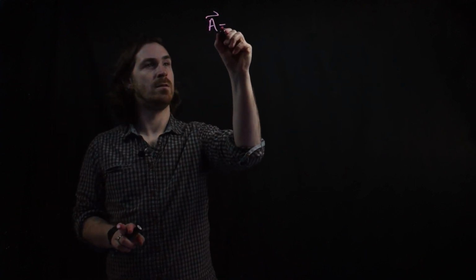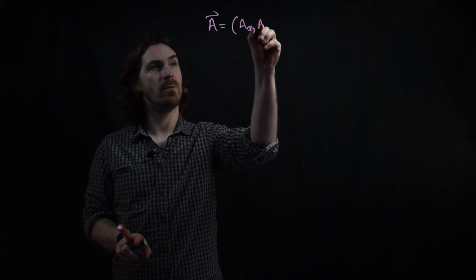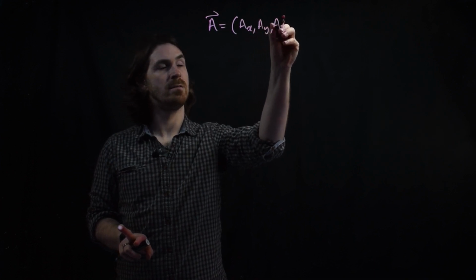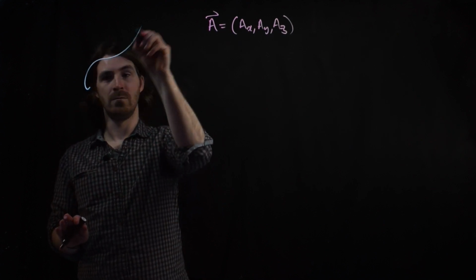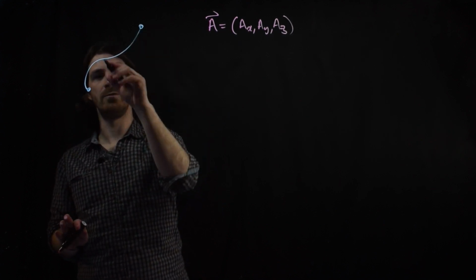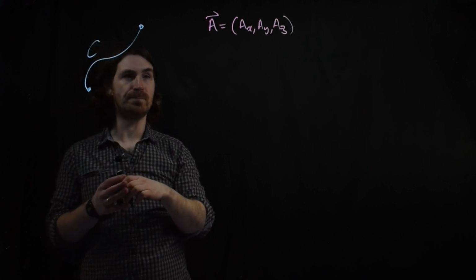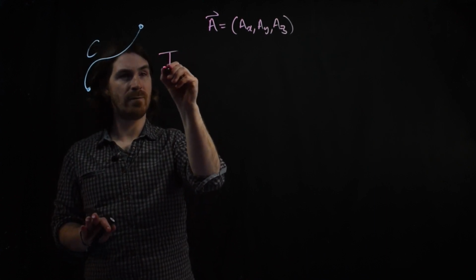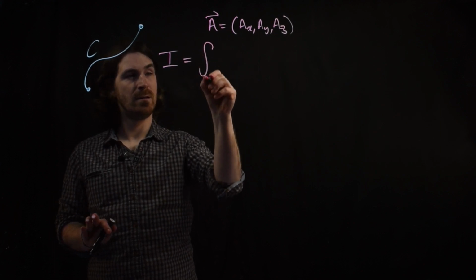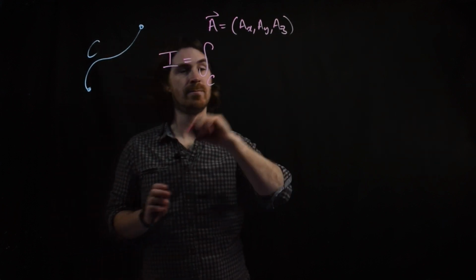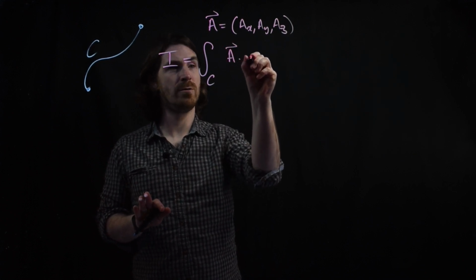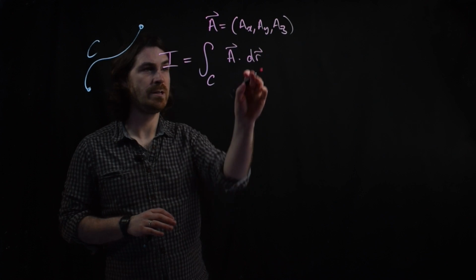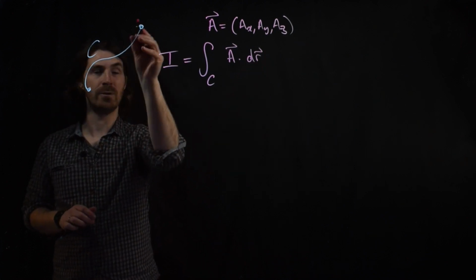Okay, so if we have a vector A with components ax, ay, and az, we can have the line integral along some curve, let's call it C. Then we have the line integral I that's taken along the curve C, and this time we have the vector A dotted with dr, where dr is some displacement along the curve.